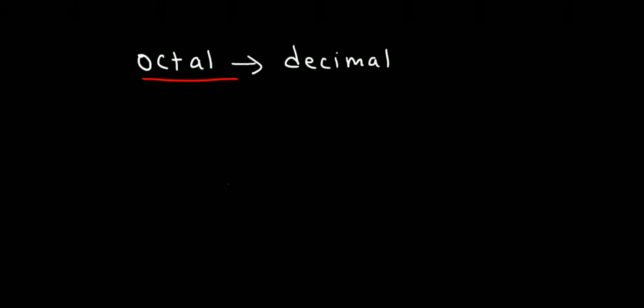Now first it is octal to decimal. In this octal to decimal we will consider a few examples to solve the problems. First is 370 and its base is 8 because it is an octal number.